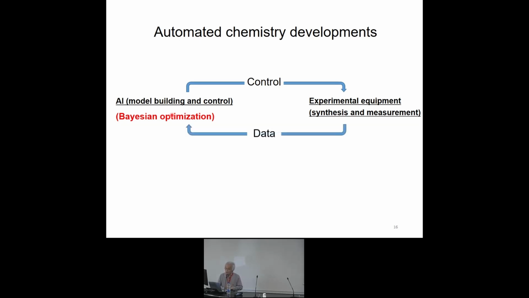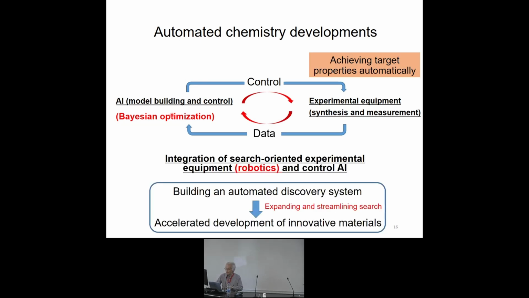The information is added to all the experimental data, and using this data, the model is reconstructed to produce our next candidate by using the Bayesian optimization technique. So using this cycle, we finally achieve the target property automatically.